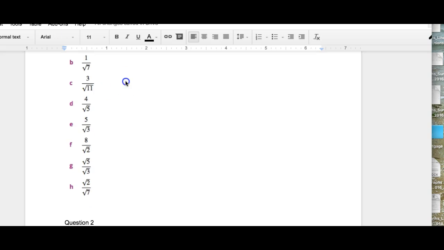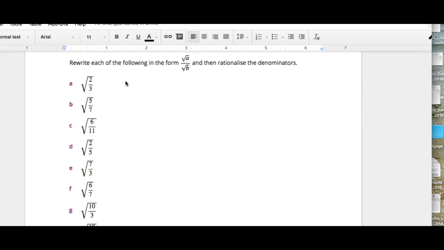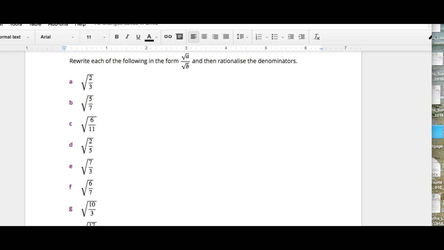All right, let's move on now. Let's scroll down to question 2. So question 2, it says rewrite, basically separate your square root sign. So the square root of 2 on 3 becomes the square root of 2 on the square root of 3. And we need to get rid of that surd on the bottom, so we multiply by the square root of 3, like so.